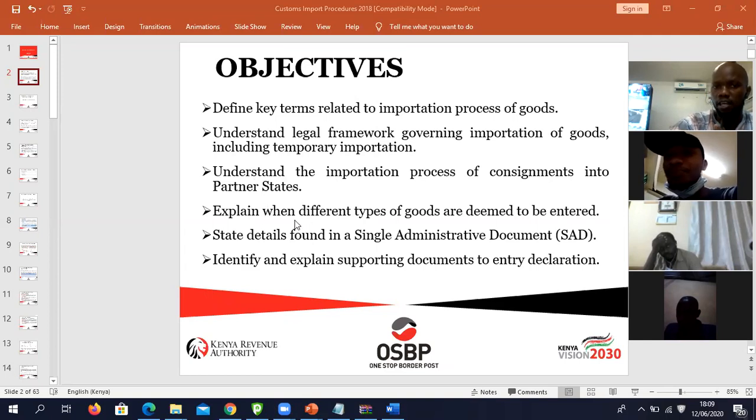Number 4, explain when different types of goods are deemed to be entered. When are goods deemed to be entered? We'll also understand what we mean by being entered. Then the next objective, we shall be able to state details found in a single administrative document, in other terms, Form C17B.